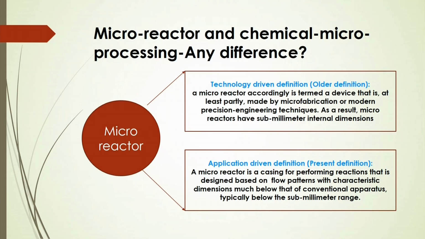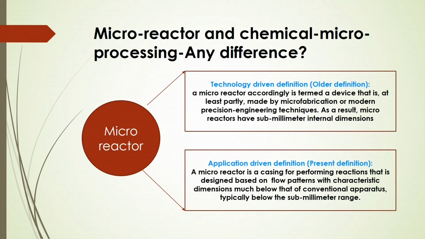Now, the present definition is something different from that. As per the present definition, what is that? It is considered that this micro reactor is a casing for performing reactions, designed based on flow patterns with characteristic dimensions that are below those of conventional apparatus, typically below the sub-millimeter range.